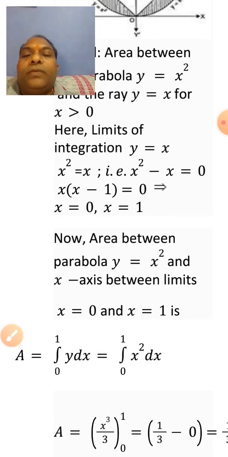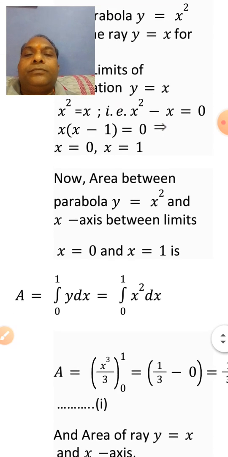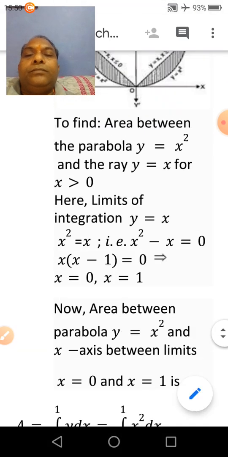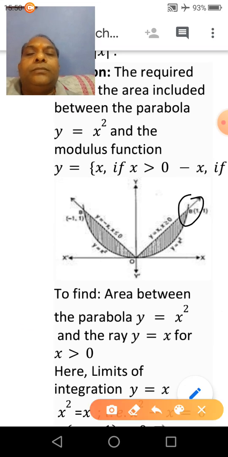The point of intersection will be this one. So you have to use the limits on the x axis. Here x is equal to 1, so you have to use the limits x is equal to 0 to x is equal to 1.